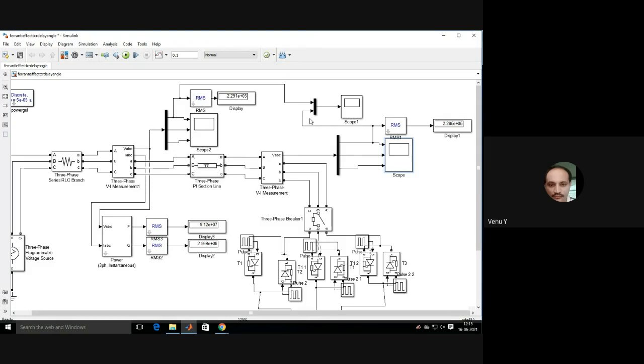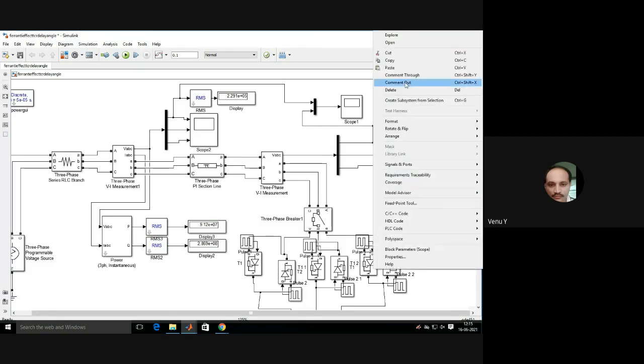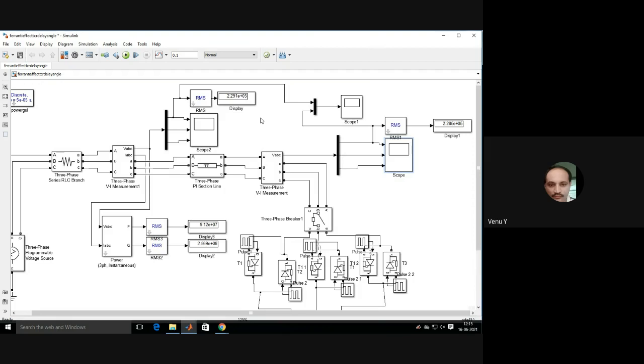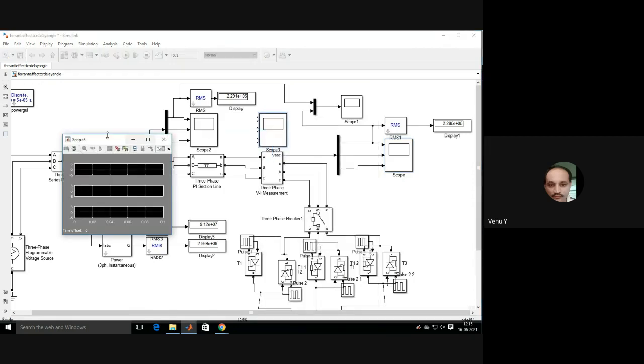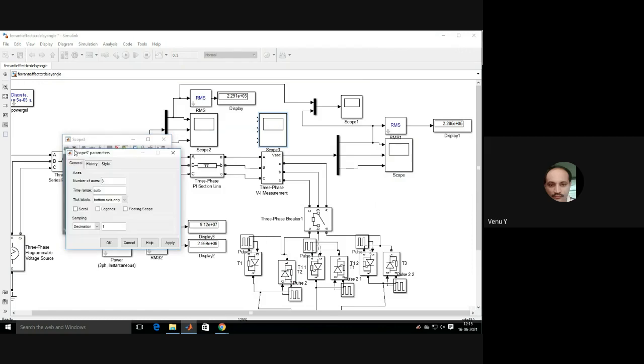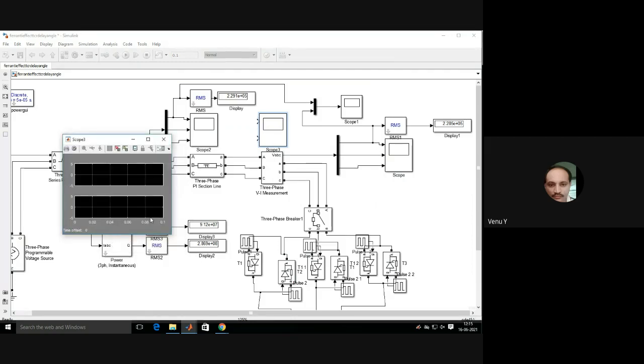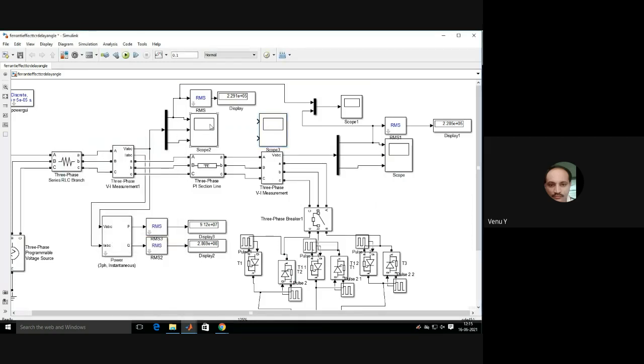Similarly, you can also measure one is the sending end voltage R phase, the other one is the receiving end voltage R phase.